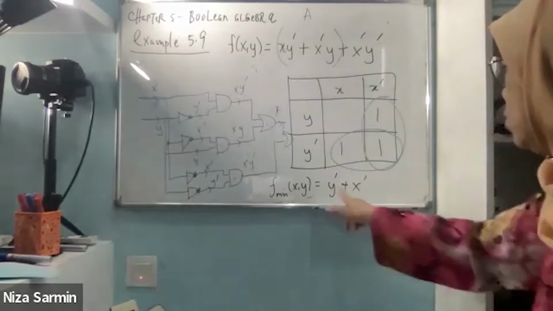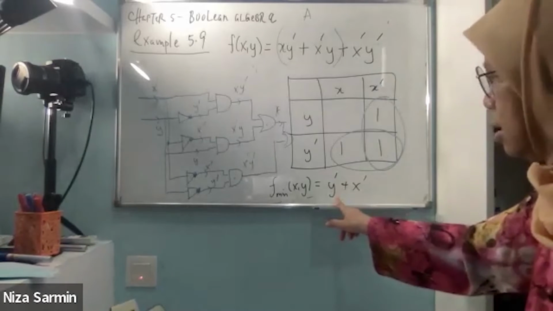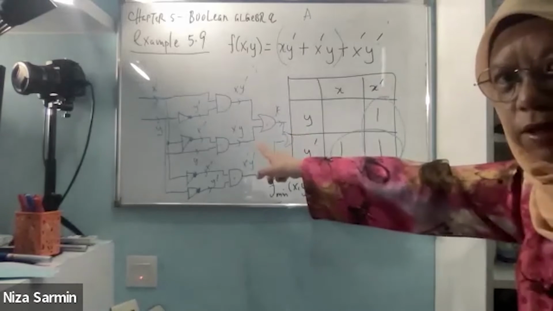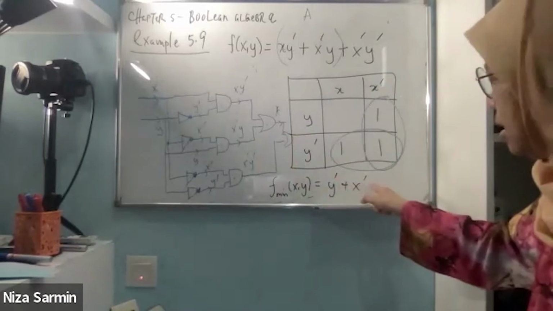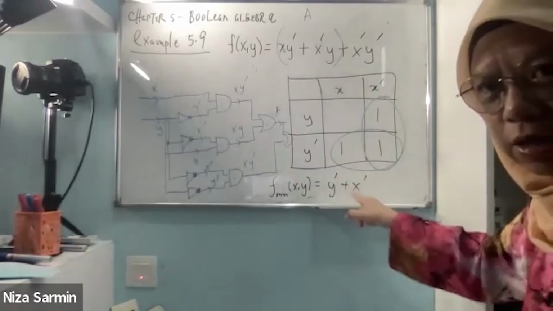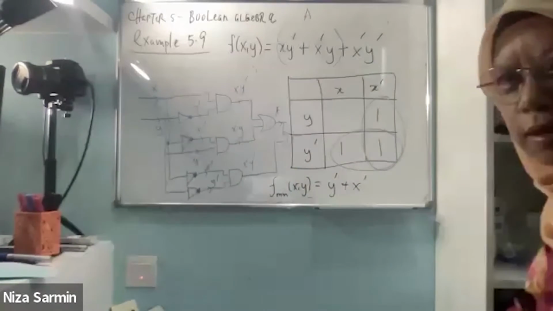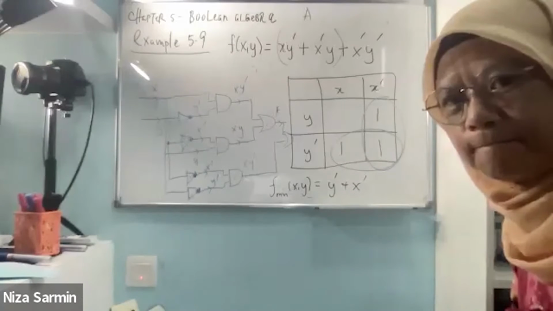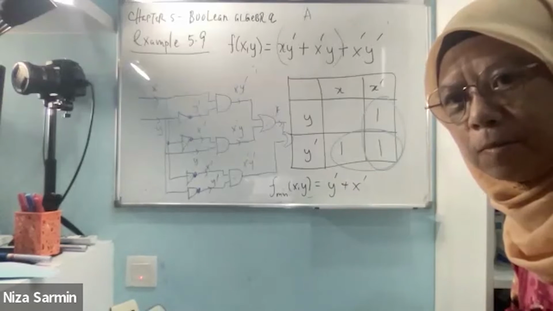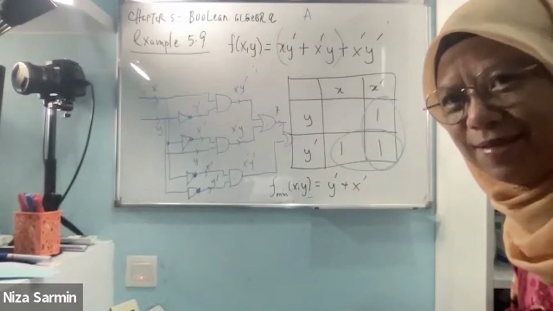And if you want to draw the minimum one, it's much simpler than this, right? Because you only have 1, 2, 3. Can you now try and draw this? Only 3 gates. I give you 2 minutes.